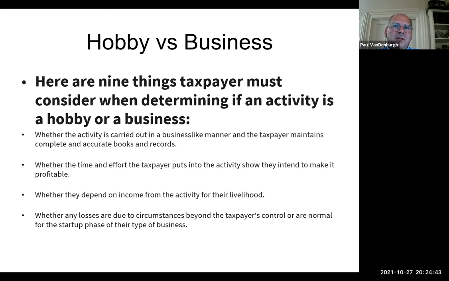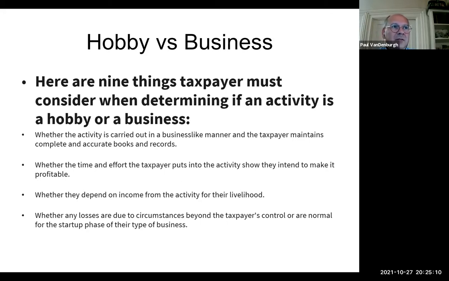Whether the time and effort the taxpayer puts into the activity show they intend to make it profitable. Well, those are the words. They intend to make it profitable. Prove it. Do you have a business plan? What business decisions are you making for it to be a profit?